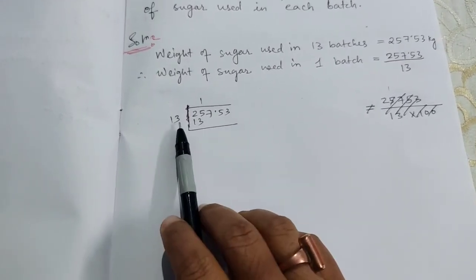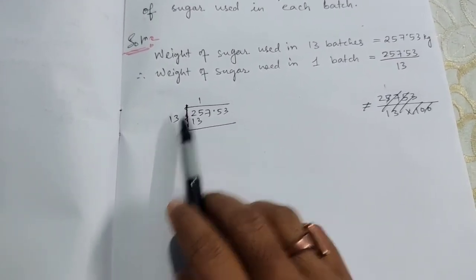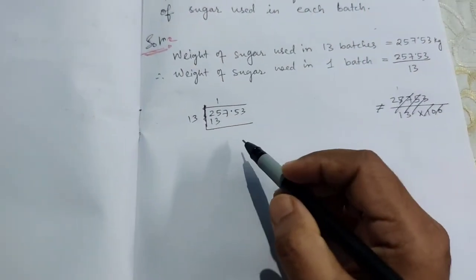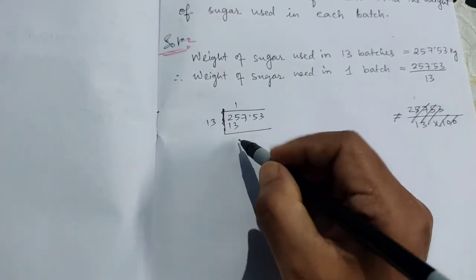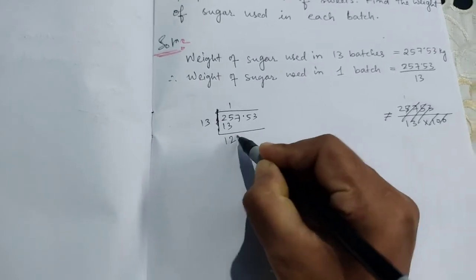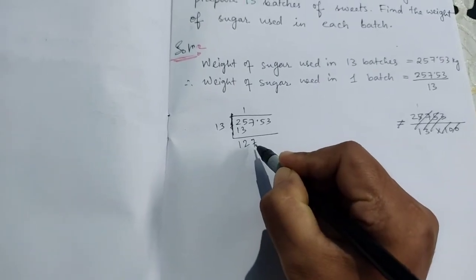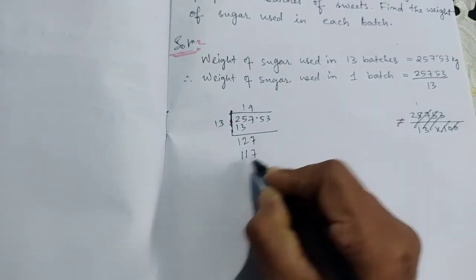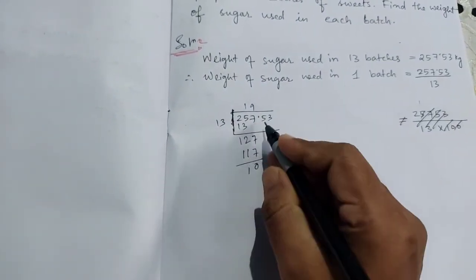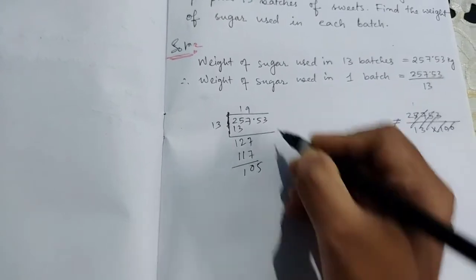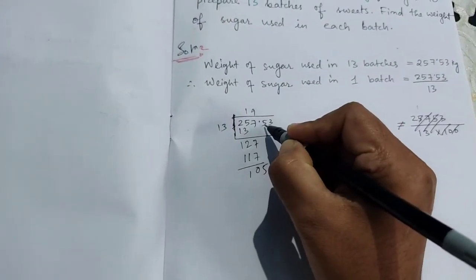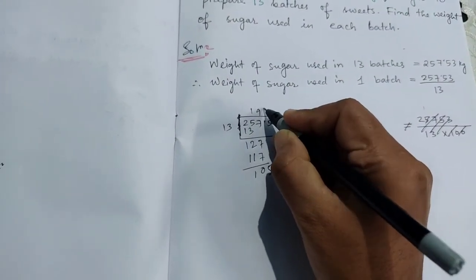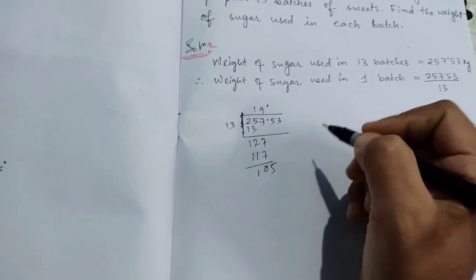257.53. So you will do division. 13 ones are 13. Then 117, as you know, 13 9s are 117. So 0, 1. Now 5 will come. Now as you have crossed the decimal point, the decimal point will be here.